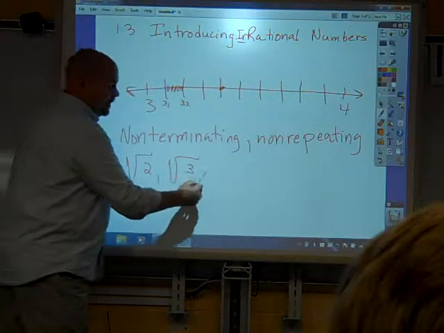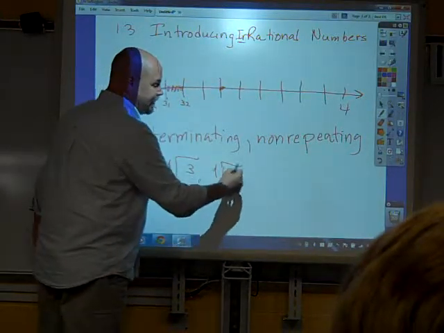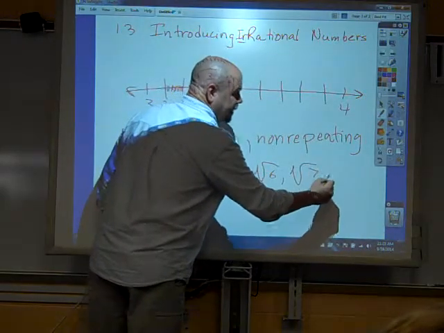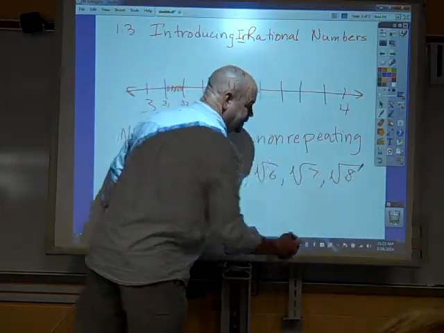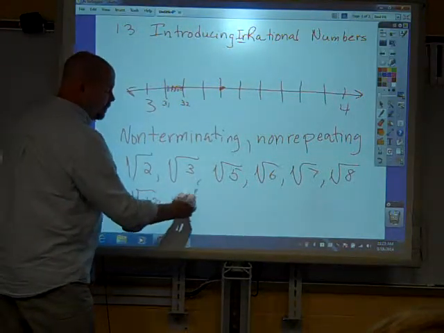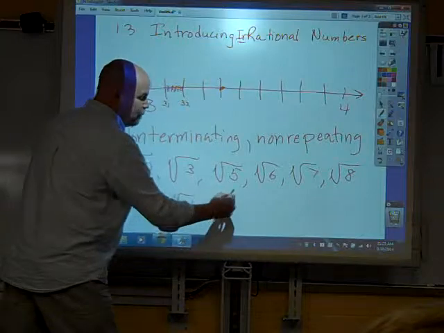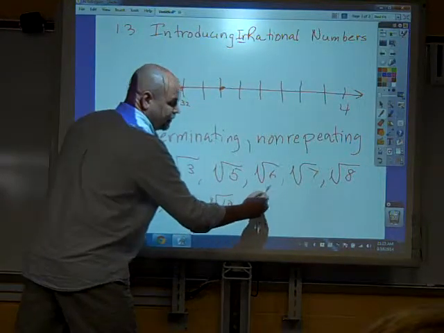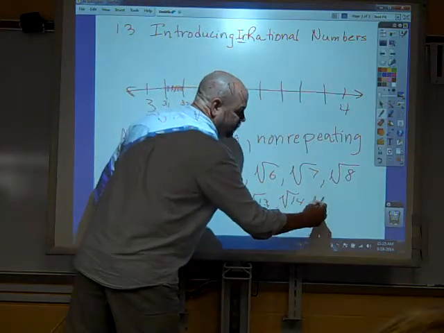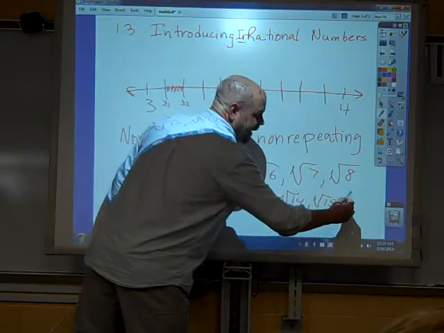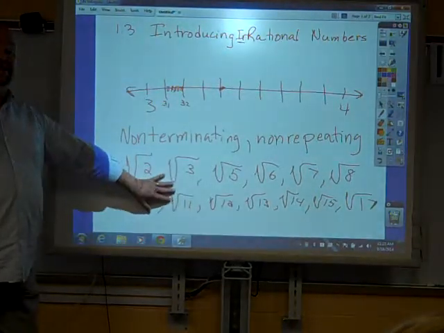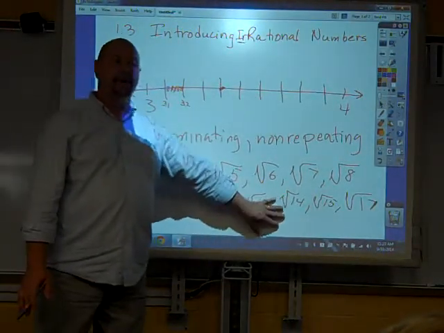The square root of 3, the square root of 5, the square root of 6, the square root of 7, the square root of 8, the square root of 10, the square root of 11, the square root of 12, square root of 13, square root of 14, square root of 15, and square root of 17 are all irrational numbers. And that pattern doesn't stop.